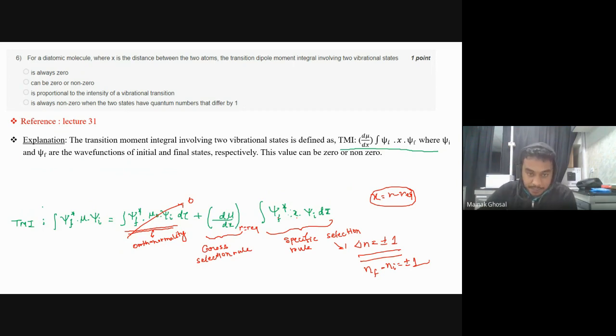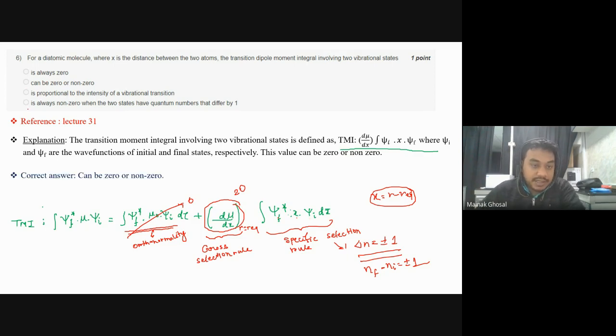But the word always is a problem, because it depends upon these two factors. If this is equal to 0, then 0 times something will be 0, whether the other is zero or non-zero, it doesn't matter. Then your transition moment integral will be 0. So you cannot say that this fourth option is correct.